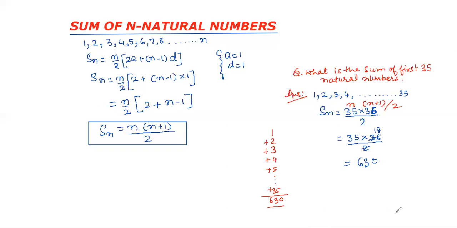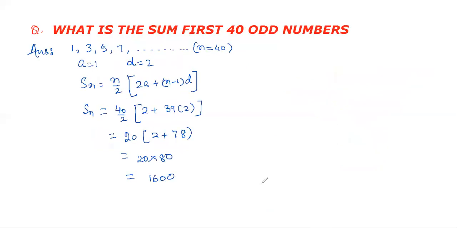Let's do more questions on the application of the sum of natural numbers. Suppose we have an odd number series starting from 1. What is the sum of the first 40 odd natural numbers?